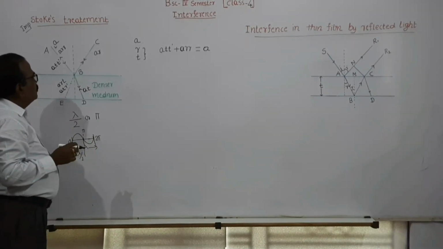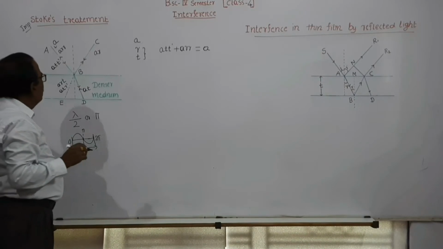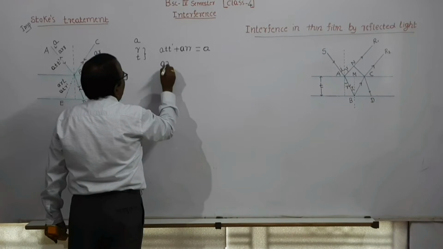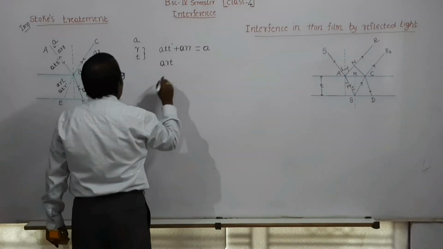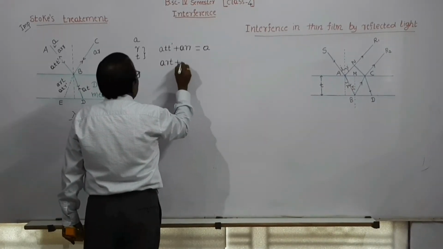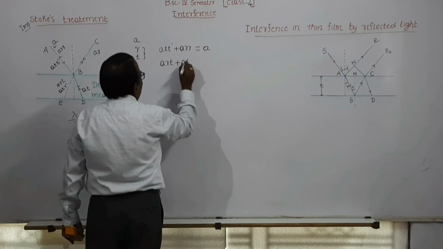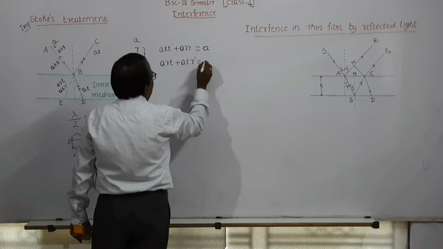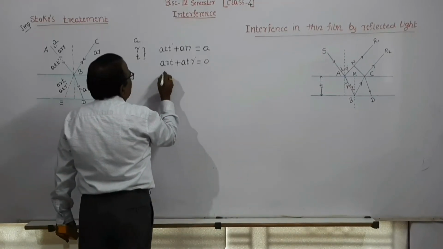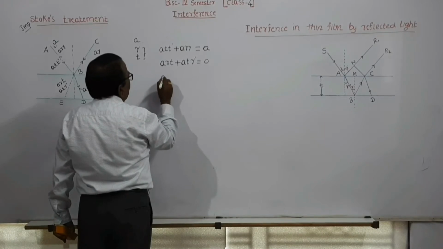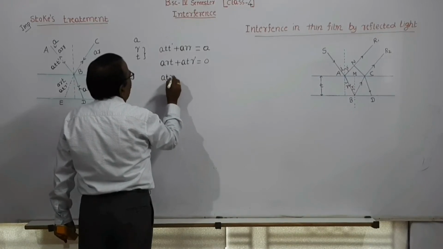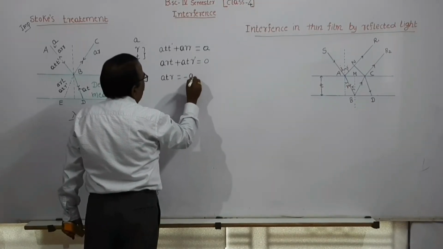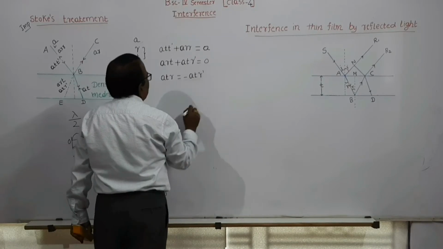The sum of these two should definitely be 0. Means here ART plus ATR dash should be equal to 0, or ATR should be equal to minus ATR dash.